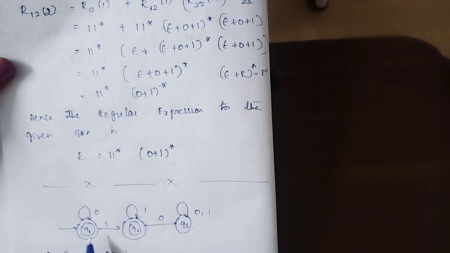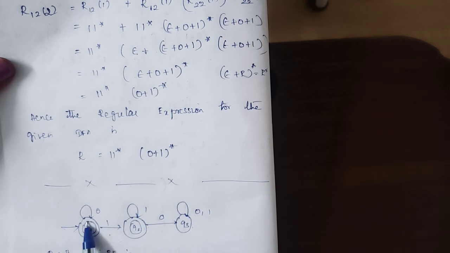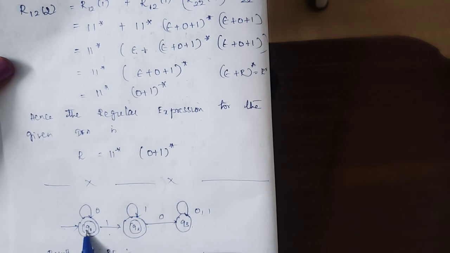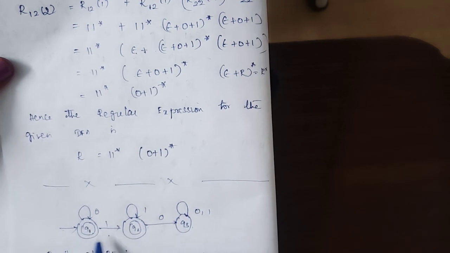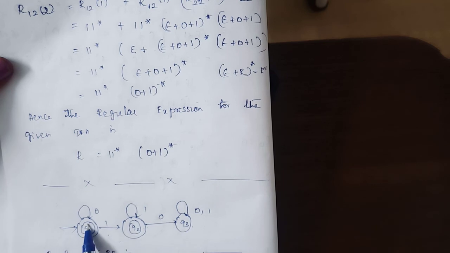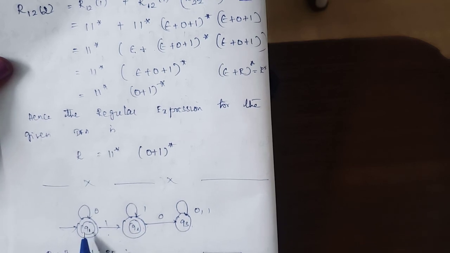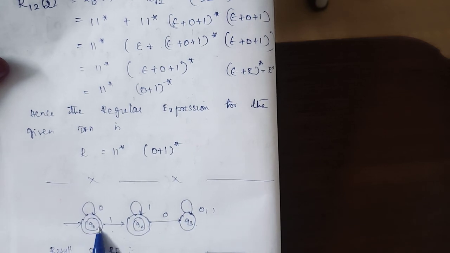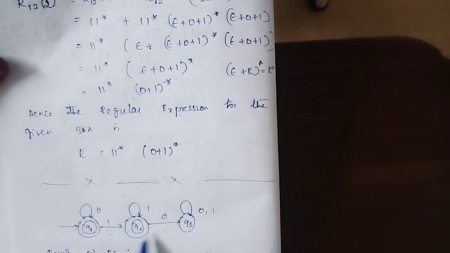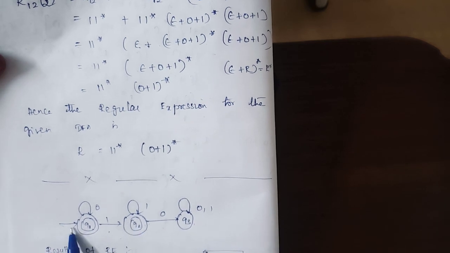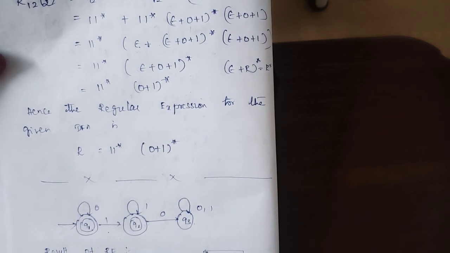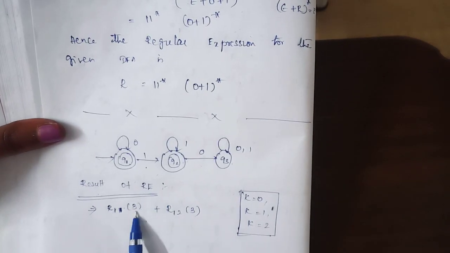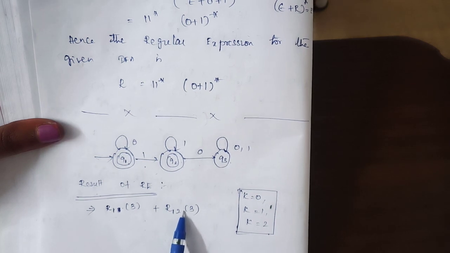So we will have to apply it for the two final states. The result of the regular expression for this is R11 of 3 plus R12 of 3. Why? Because we have to combine initial state and final state. For this you will have one initial state and one final state, and you will have to calculate it, and again for Q2 one is an initial state and 2 is a final state. So for this we have to use this. So the result of the regular expression will be R11 of 3 plus R12 of 3. Okay, thank you.